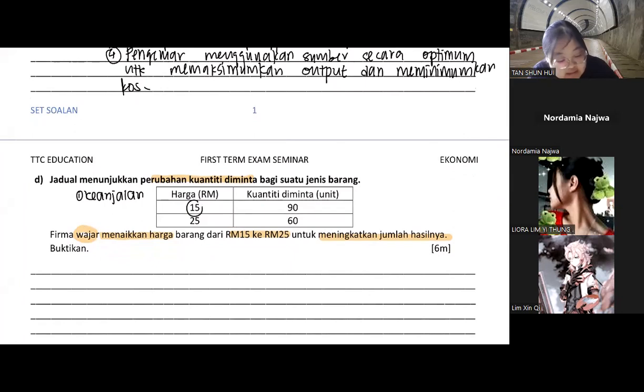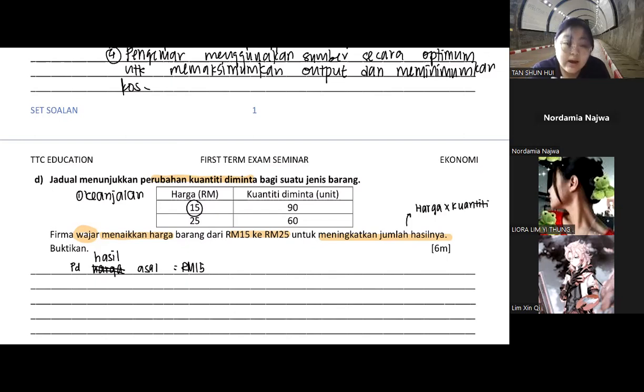So originally it is 15 ringgit. So you can say pada harga asal, which is 15 ringgit. I shouldn't write hasil, it should be hasil asal, original hasil. How to calculate hasil? Hasil is always harga times quantity.